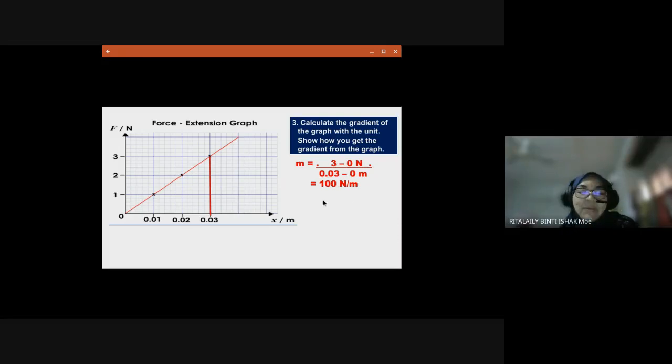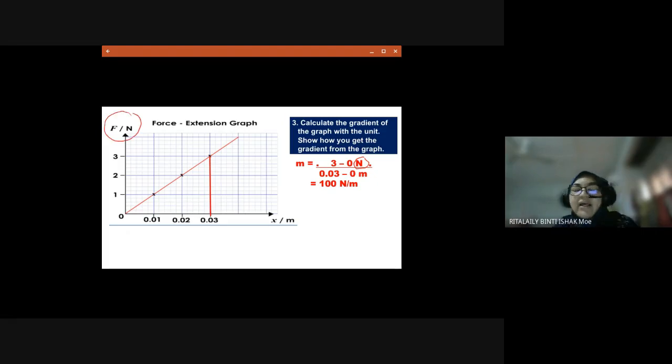But when we calculate the gradient, we need to make sure our answer comes with the correct unit. How do we do that? When we do the calculation, this is the unit for the y-axis, right?